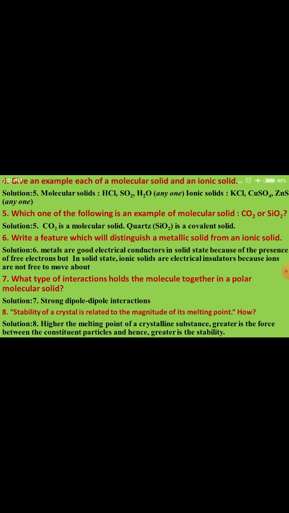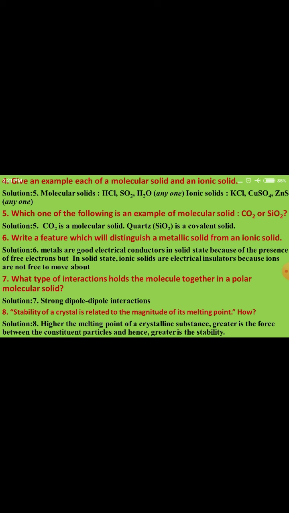Now question number 4. Give an example each of molecular solid and ionic solid. Here, as the name indicates, molecular solid means the compound made up of molecules, and ionic solid means the compound made up of ions.